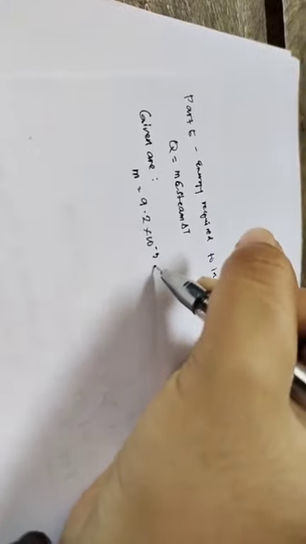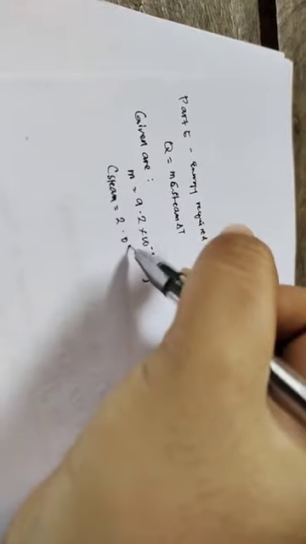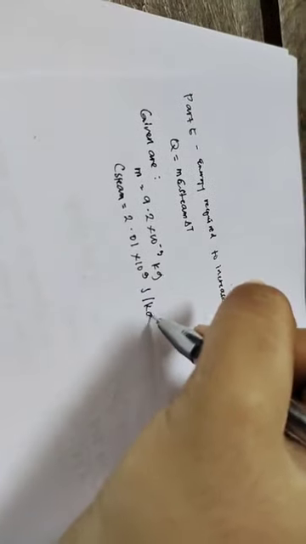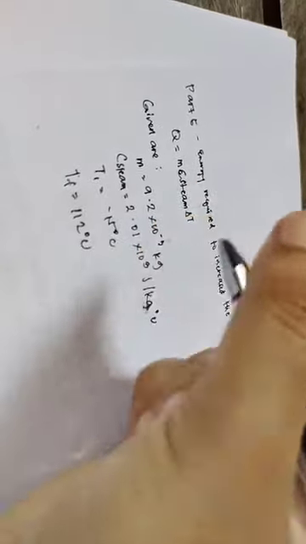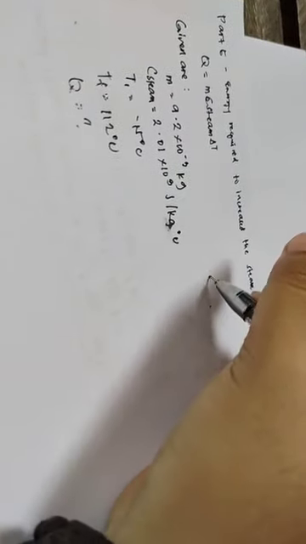The given are: mass of the ice is 9.2 times 10 raised to the power of negative 3 kilogram. This is steam, 2.01 times 10 raised to the power of 3 joules per kilogram degree Celsius. The initial temperature is negative 15 degrees Celsius. The final temperature is 112 degrees Celsius. So let's substitute the given into the equation.